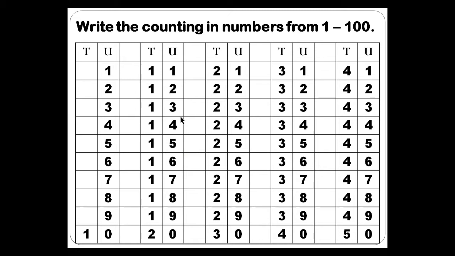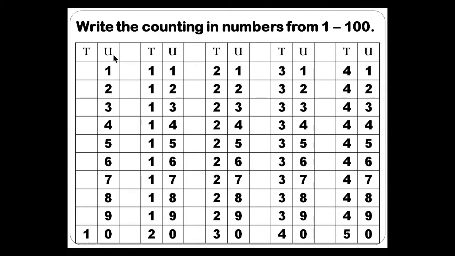First you will mention tens and units, and then start the counting. On each row you will first mention tens and units and then write the counting in numbers. You have to write this counting in your fair copy or subject copy in the proper way.